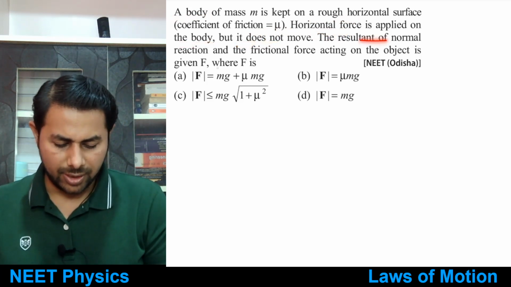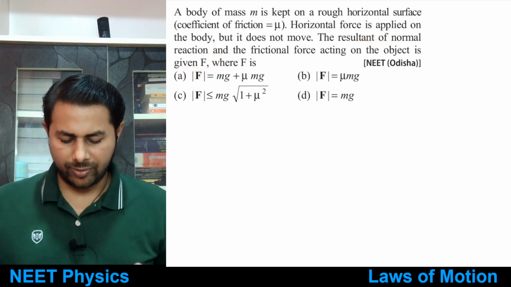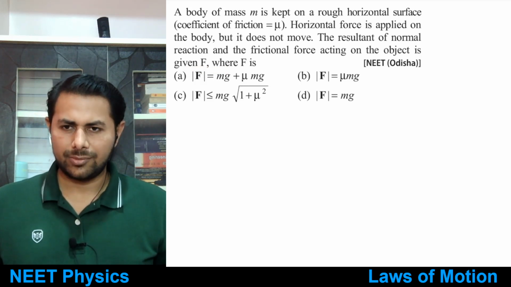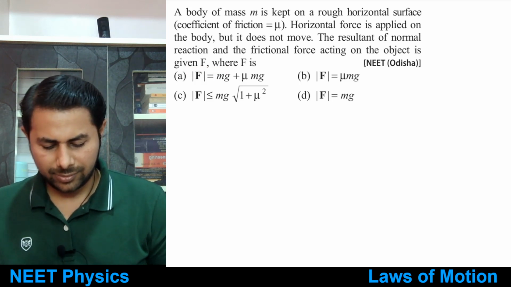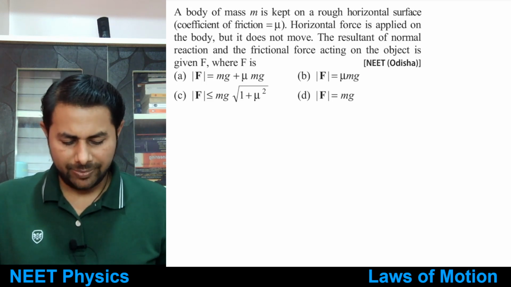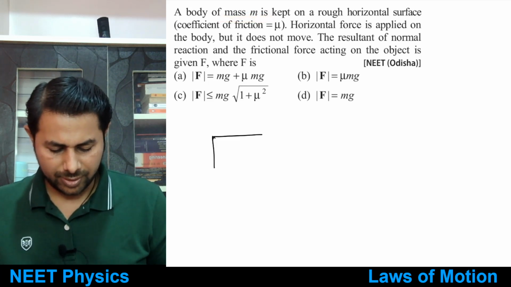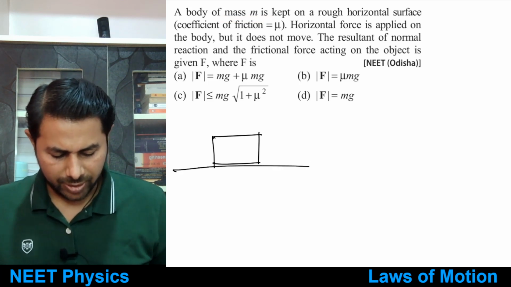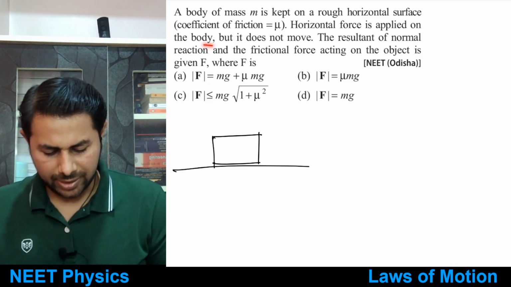The resultant of normal reaction and frictional force acting on the object is given as F, where F is. Tell me.